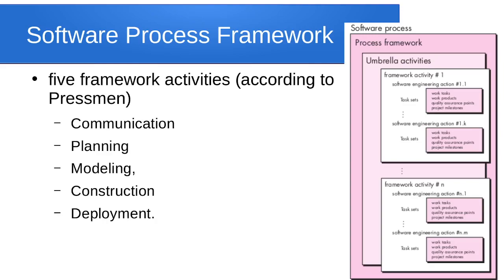So they were considered as umbrella activities, whether it be risk management or software quality assurance or reusability management or certain kinds of tracking and control procedures. All those activities were considered as umbrella activities, which will run throughout the software development.